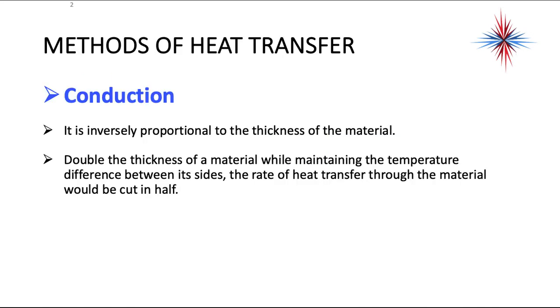Conduction is inversely proportional to the thickness of the material. Double the thickness of the material while maintaining the temperature difference between its sides, and the rate of heat transfer is cut in half. So increase the thickness, and the heat transfer gets less.